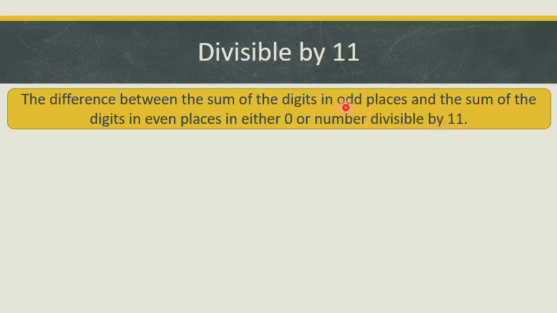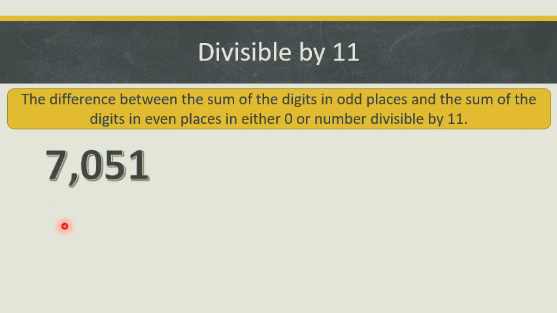Di ba yung odd, yung 1, 3, 5, 7, 9, 11, yun po. Ang even naman po is yung 2, 4, 6, 8, 10, and so on. Okay? Kapag daw kinuha yung difference, o pinag-minus nyo po yung sum ng mga nasa odd places at saka yung even places, pag ang sagot po ay 0 or divisible sa 11, ibig sabihin divisible din siya sa 11.